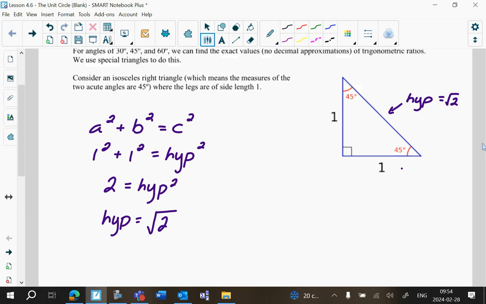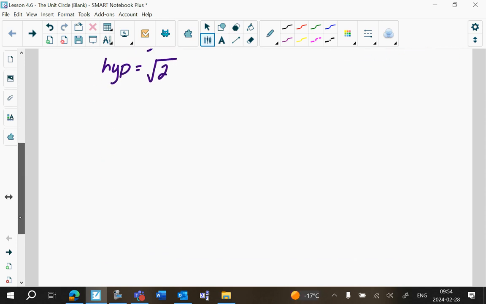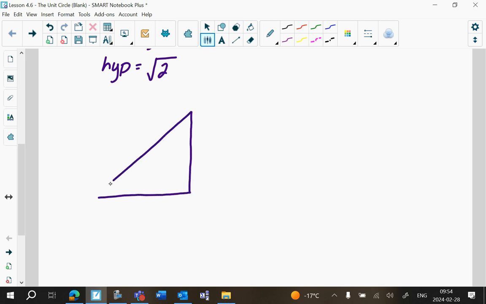So I'm just going to redraw that the other way, facing the other way. We've got 45 degrees, 45 degrees. The third angle is 90 degrees. We were told that the two legs were 1, and we figured out by Pythagoras that the hypotenuse was the square root of 2.